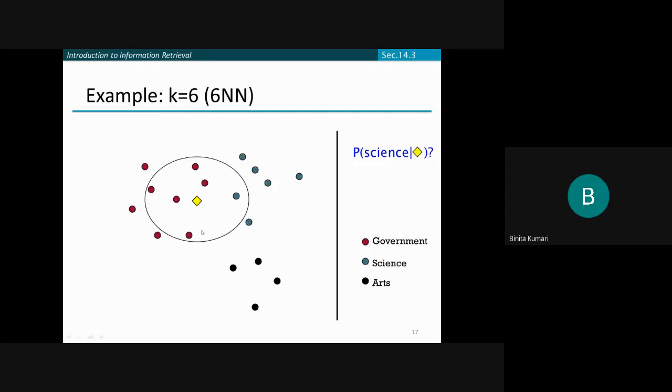Here we see that these are more close by. Also we see that within the six documents, the number of documents belonging to the government class is more as compared to the number of documents which belong to the class science.